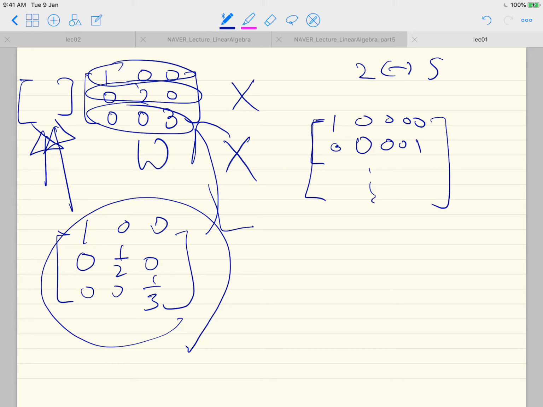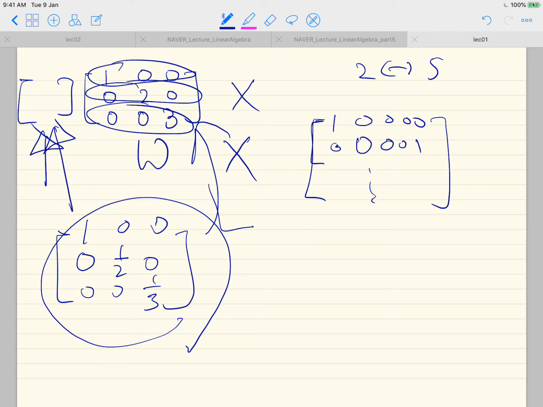What will be the inverse matrix of that operation? We interchange the second and the fifth row, and then how can we recover the original matrix? We can apply the exact same operation once again, right? So we swap the second and the fifth, and then we swap the second and fifth again, and it will become the original matrix, right?